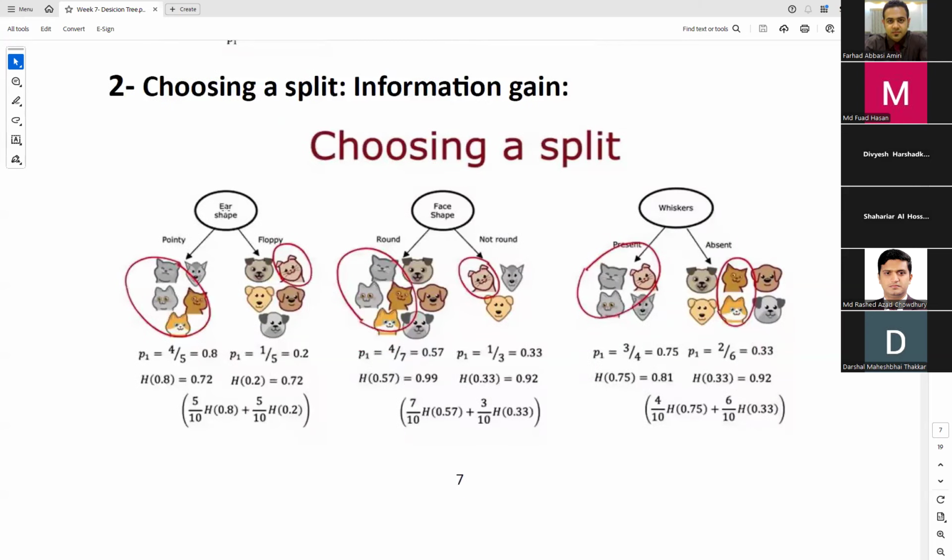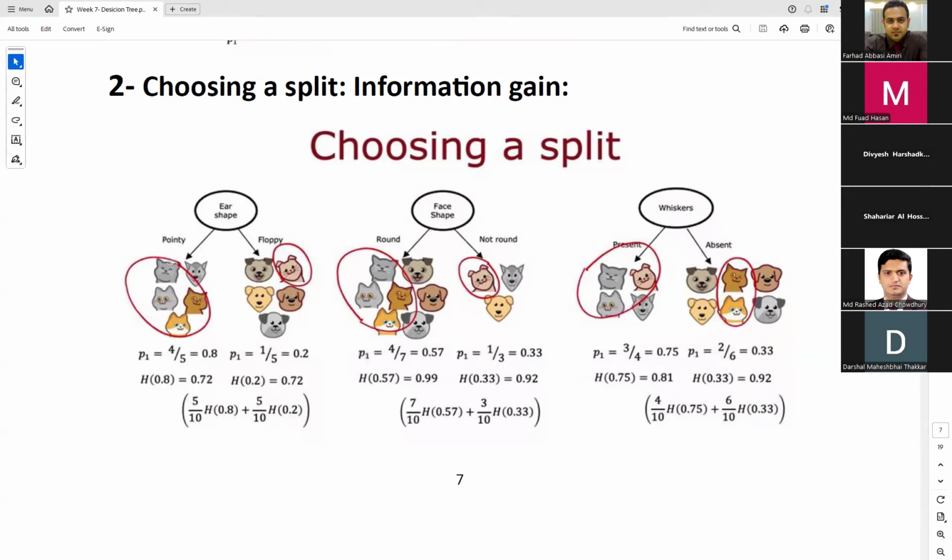For example, let's take a look at this one. Ear shape has two possibilities, pointy and floppy, and you have 10 animals. This feature classifies these 10 animals into two sub-branches. The left branch has 5 animals, and the right branch has 5 animals.